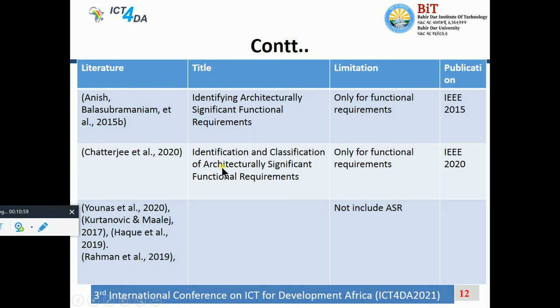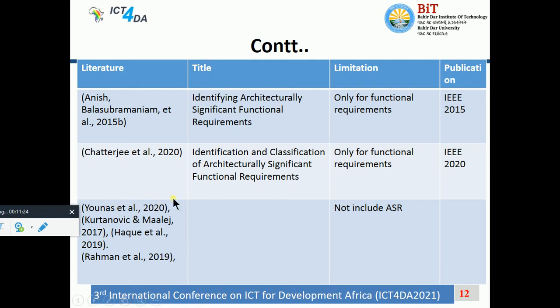The deep learning version of this paper is a deep learning version of the above, on the identification and classification of architecturally significant functional requirements. The limitation of this one is also that it only focuses on functional requirements. Those papers didn't study non-functional requirements, but we say that non-functional requirements are more important and affect the architecture more than functional requirements and the other determinants.